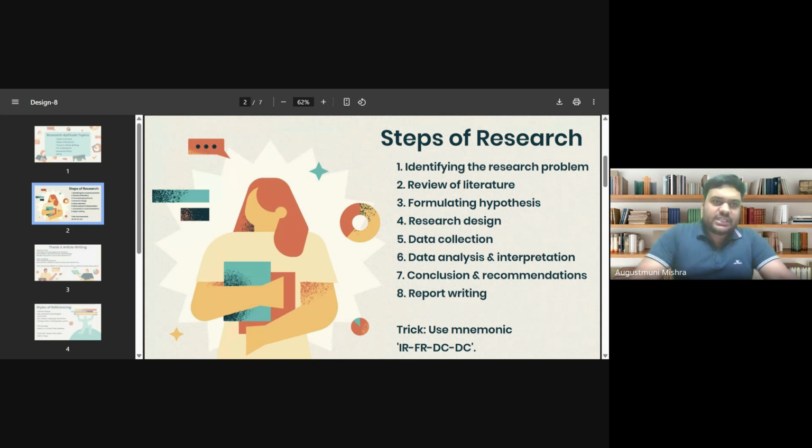We are talking right now about the broad area of interest. When you are finding your title or your research problem, first we decide the area where we have to start.